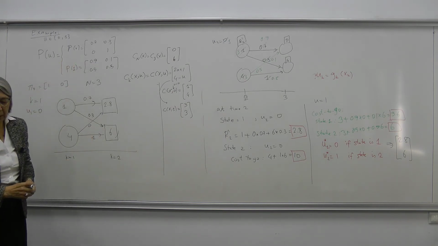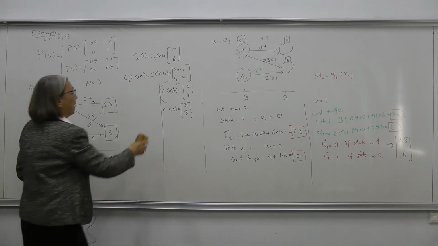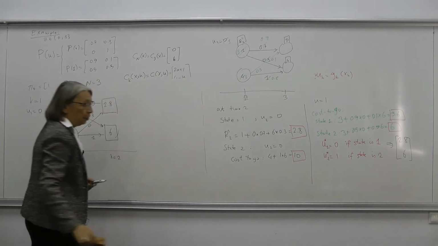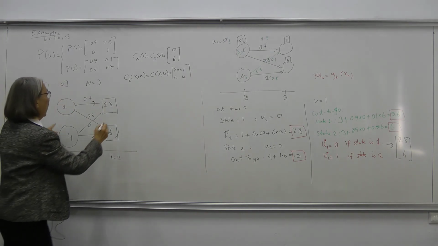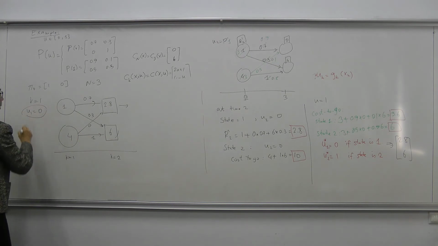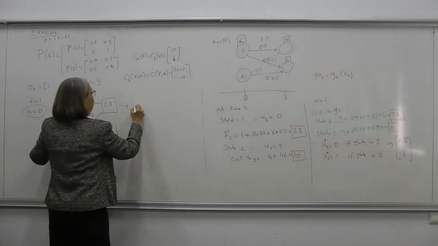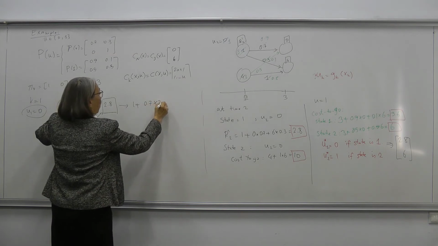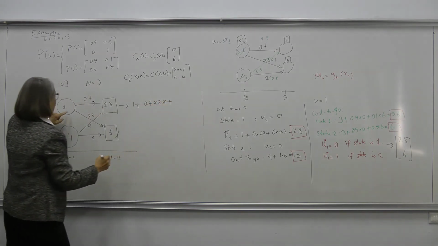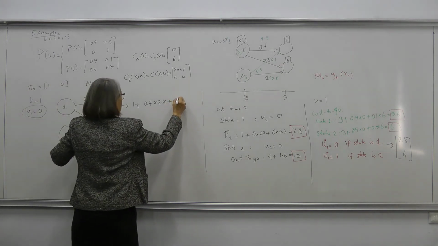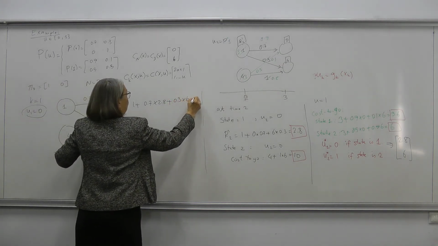In a very similar manner, we can calculate the expected value of cost to go. The expected value of cost to go for that state, when u is equal to 0 at time 1, is 1 plus 0.7 multiplied by 2.8 plus 0.3 multiplied by 6.